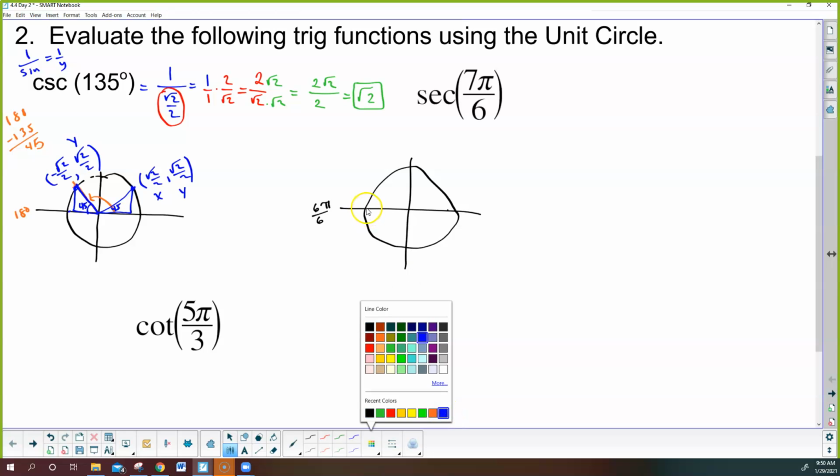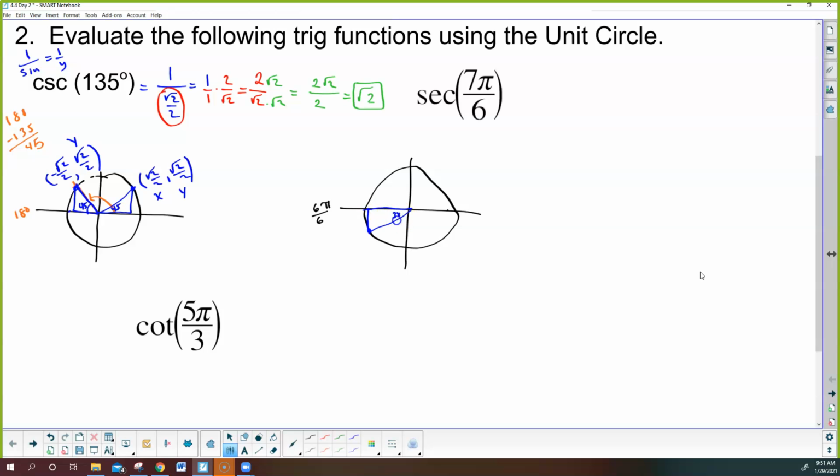So here's the way my brain works. A pi over 6 is an extra 30 degrees. So this triangle, the reference triangle, has a 30-degree angle right there. Well, what I want to do is I need the location, I need the coordinate of those points. I need the xy value. Those points are the same value but different signs as the 30-degree triangle in quadrant 1.